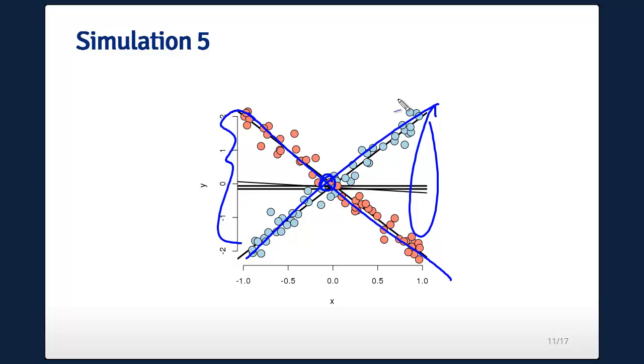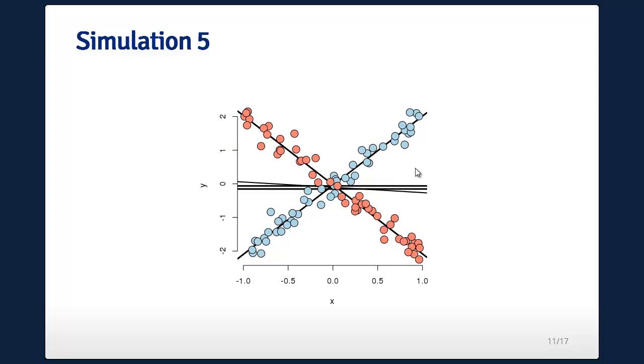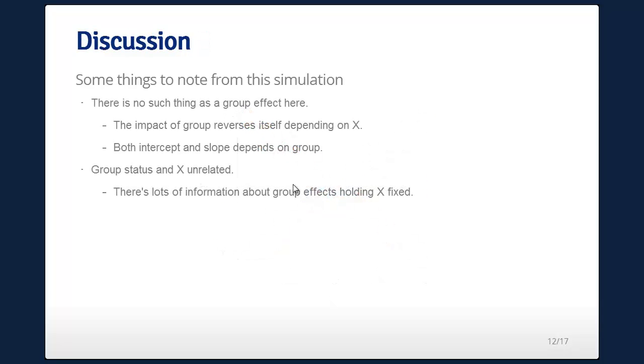The treatment effect depends on what particular value of x that you're at. So there's both a difference in intercepts between the two lines and a difference in slopes. So that's just an instance where the idea of a treatment effect doesn't make any sense. The treatment effect depends on what value of x you have. In fact, it even reverses itself.